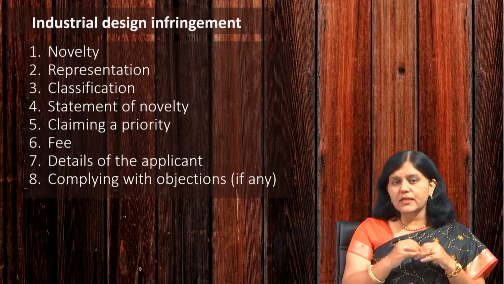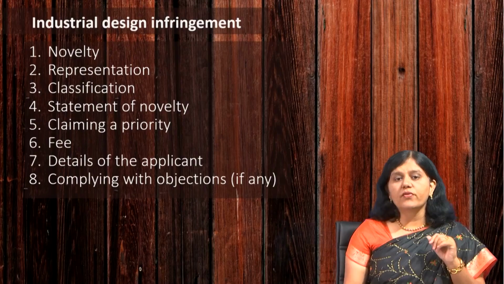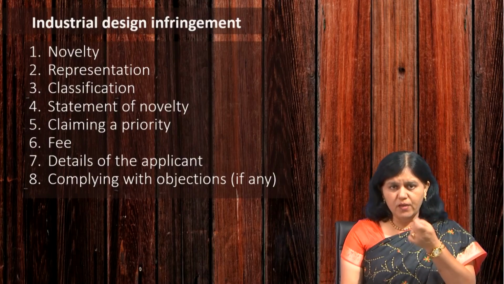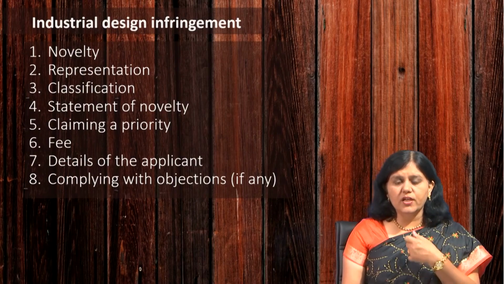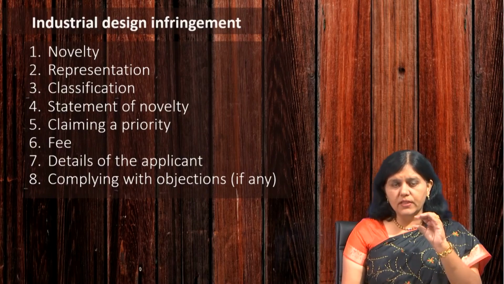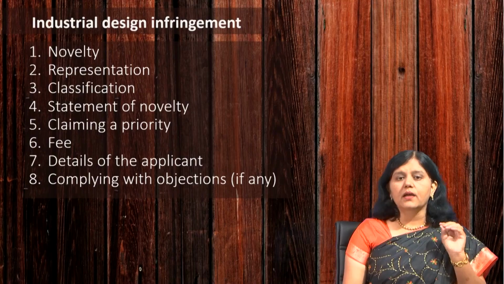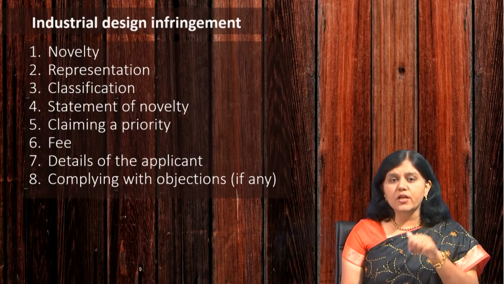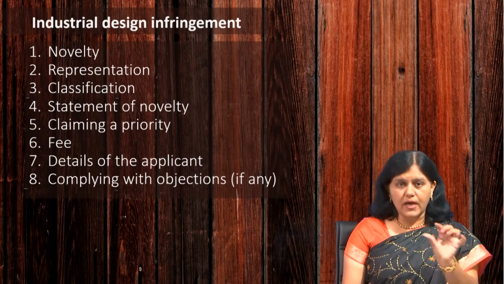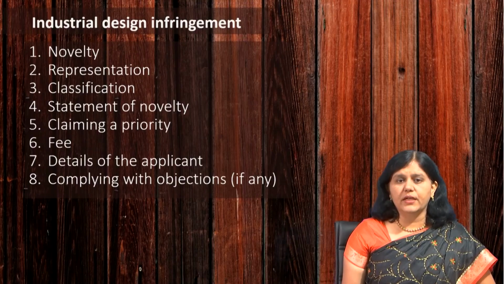So, we give the statement that the novelty resides in the shape and configuration of that article, whatever the name of that article may be, a chair, a lamp, whatever it may be. That statement which is given is the statement of novelty. We are clearly saying that the novelty resides in the shape and configuration of the article as illustrated, and we are submitting that particular representation.